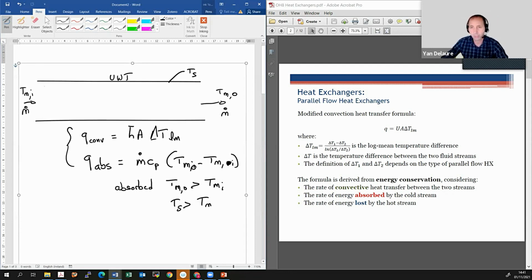Well, we have a heating problem, so Ts is going to be greater than Tm as it flows through, and that's a heating process. Okay, so that was the uniform wall temperature condition.